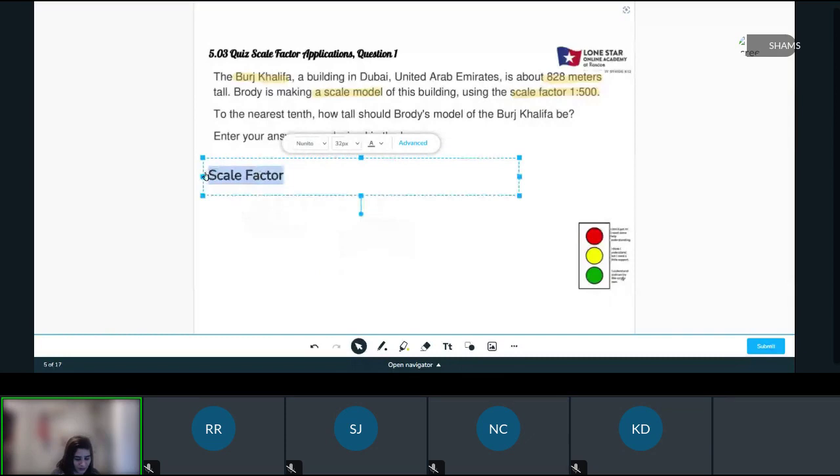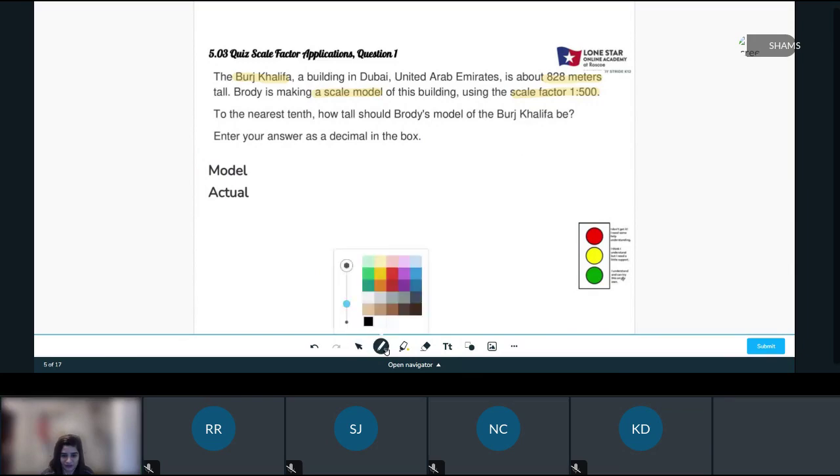I should say model to actual. This is the kind of scale factors we'll be writing. So in the model, I will represent 1 unit to show 500 actual units, because models gotta be smaller and manageable, right?